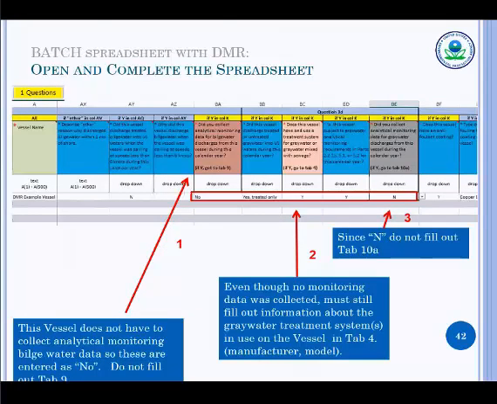Also, if you scroll out further on the questions tab, since the vessel doesn't have to collect bilge water or gray water data, these answers are also no. Note though that you're still required to report certain information about discharges, whether you have to monitor or not. For example, you're required to provide information about any gray water treatment system on board the vessel, even if you're not required to monitor. So in this example, the user can prepare the annual report without having to provide any monitoring data.